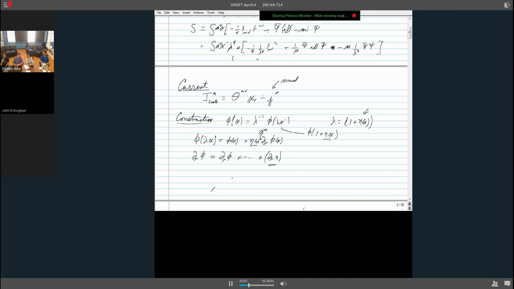Okay, there's actually an x here. Let's just say this again. This is phi of 1 plus eta x. So when I'm Taylor expanding it, the small parameter is eta times x. So it's eta times x times the derivatives. Okay, sorry for that, because that's the important piece. That was the piece I was trying to illustrate.